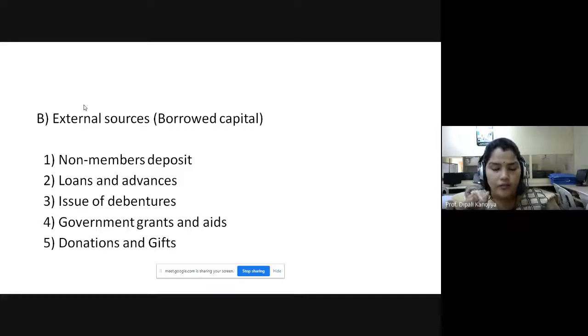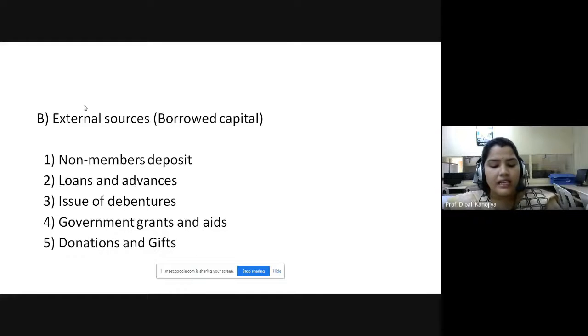Of course, for taking a loan, what is needed? Security. If the society is borrowing a loan from financial institutions, that financial institution needs security. If the society does not have any security, that security is provided by the state government.